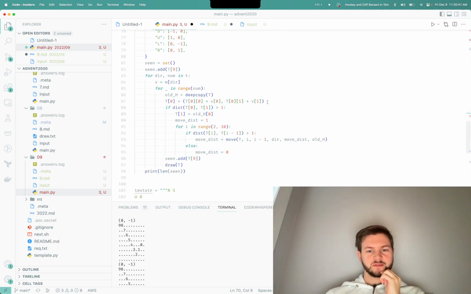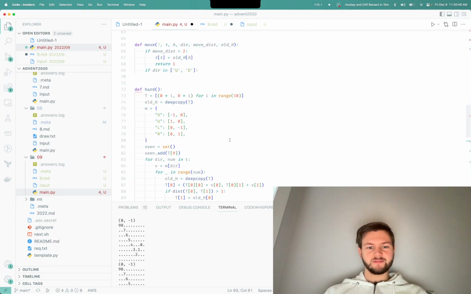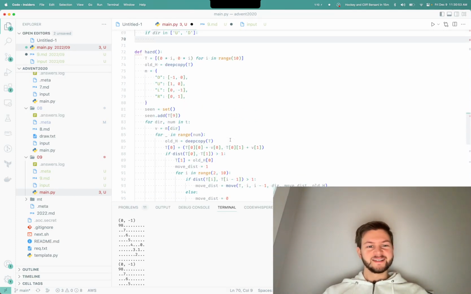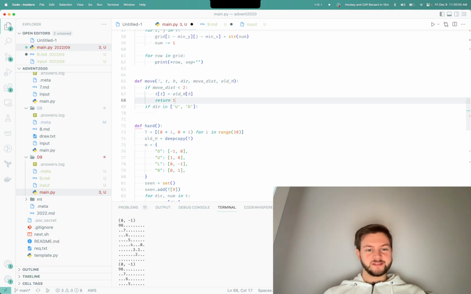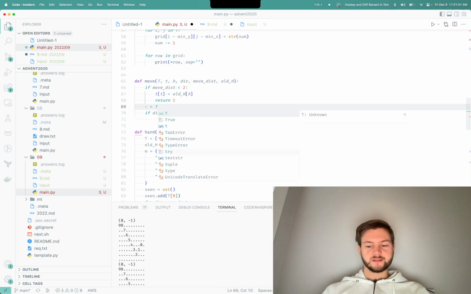Wait, where's the vector coming from? Okay. We need the vector. We got the direction and vector. No, no, no. Okay, so the vector is the current head position minus the old head position.